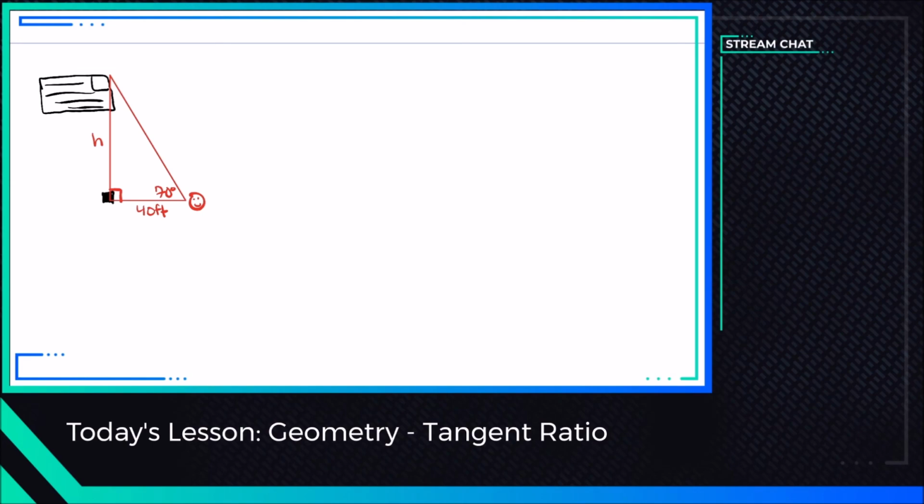Well, we're going to take the tangent of 70 degrees, and that's going to be equal to the leg that is opposite over the leg that is adjacent. And so if we look at 70, the leg that is opposite is H, and the leg that is adjacent is 40. So the tangent of 70 is equal to H over 40.